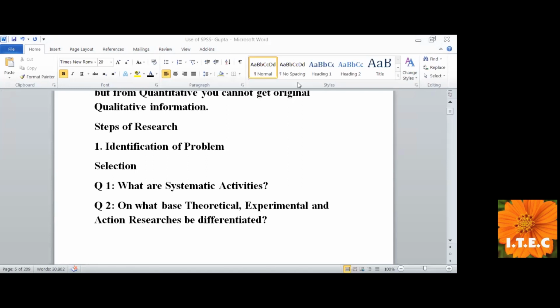Yes, some of you have given the correct information and others have not. See, selection is a part of identification.